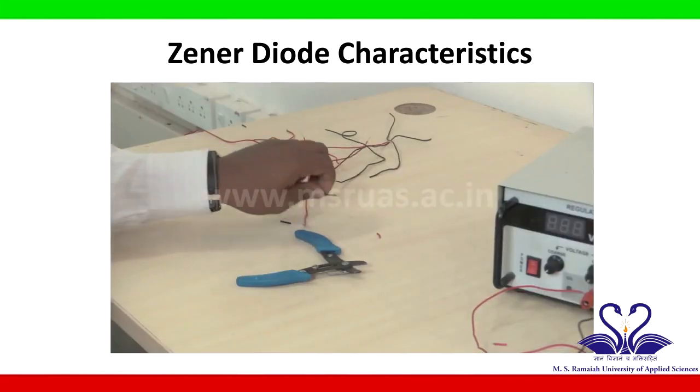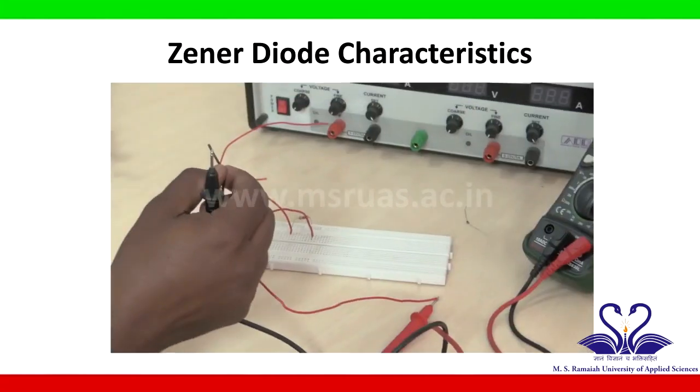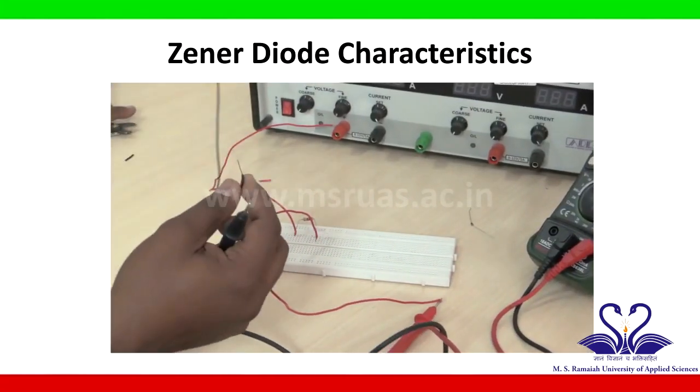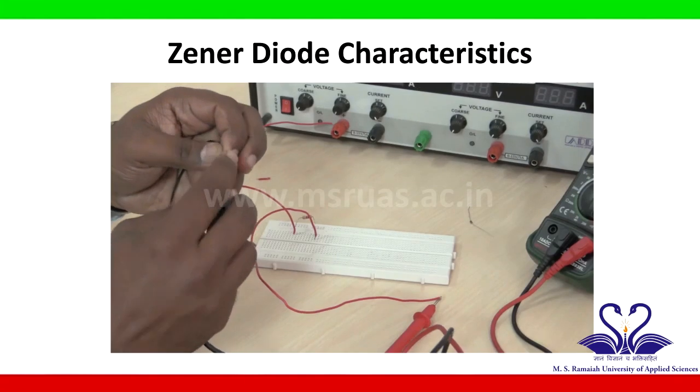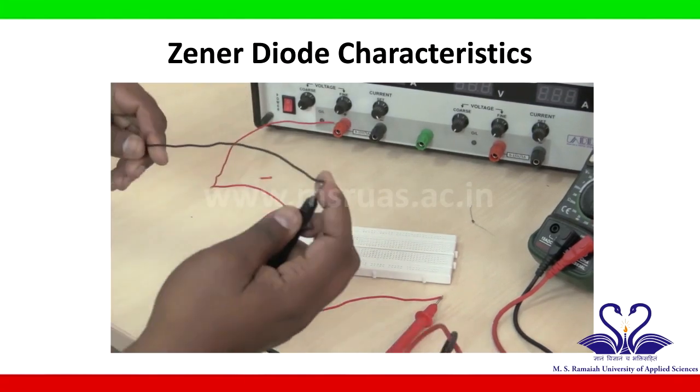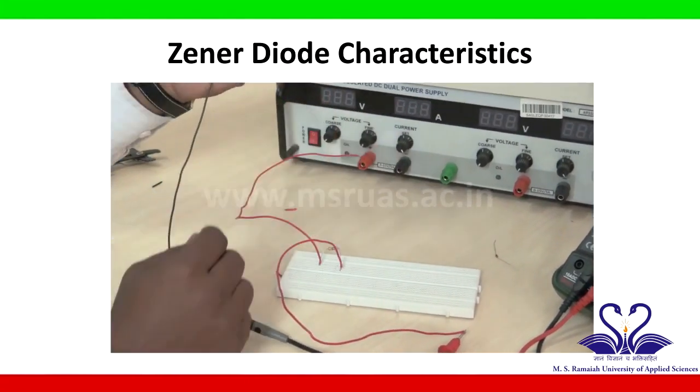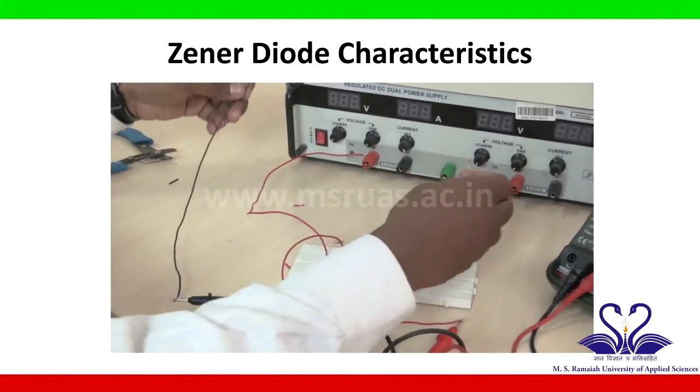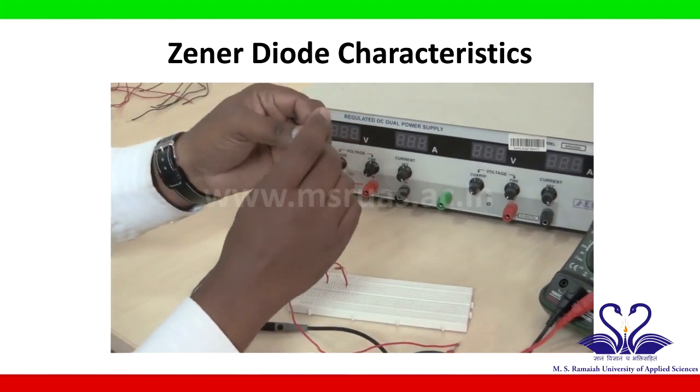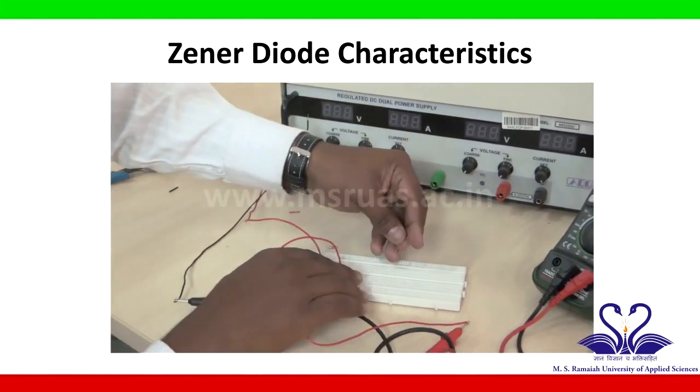The negative terminal of the ammeter is connected to the P side of the Zener diode. So I will take a wire and connect the negative terminal of the ammeter to the diode P side. This is the Zener diode. I will connect this somewhere in the breadboard.